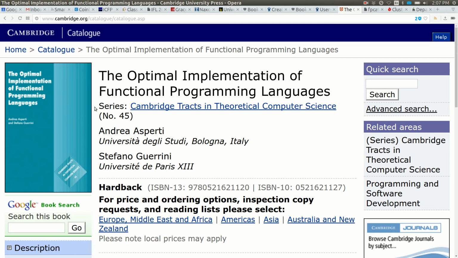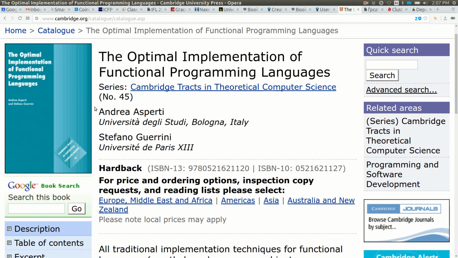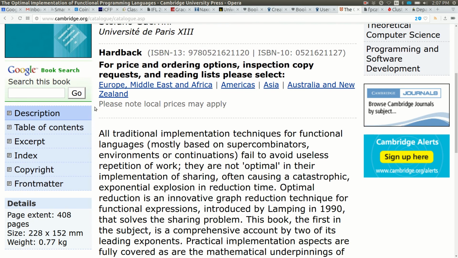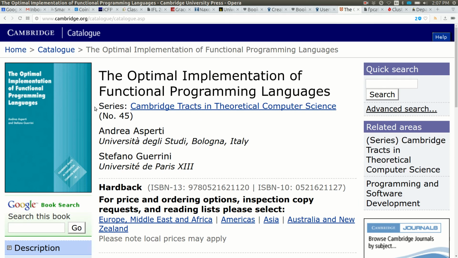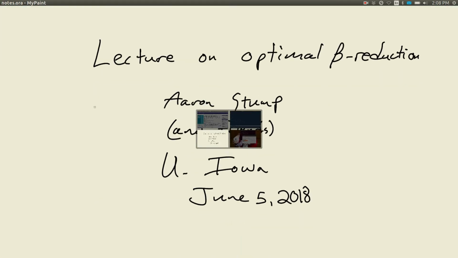And there's been a lot of work, even by some of the authors of that book, since the book was published. This is from the late 90s, 1998. So there's been a bunch of results since then, but still, this covers the core part of it. And I'm going to try to explain some of it to you as I figure it out myself.